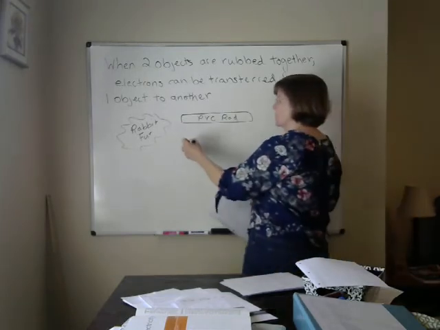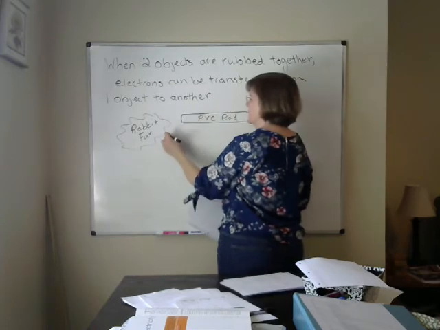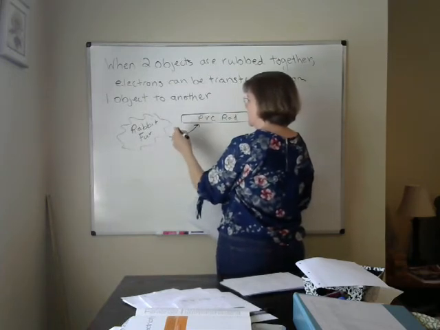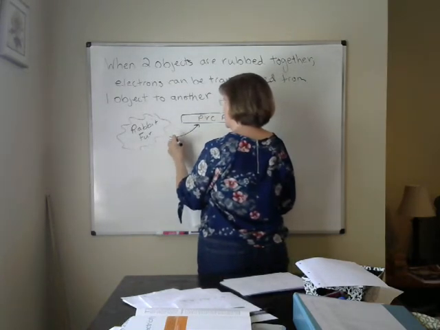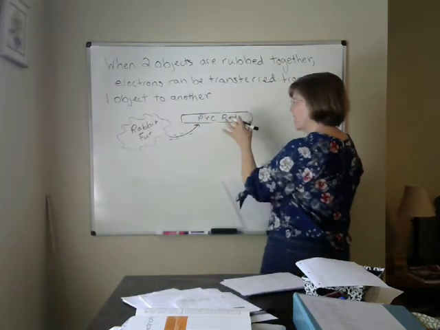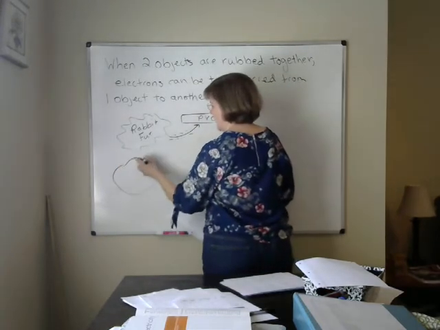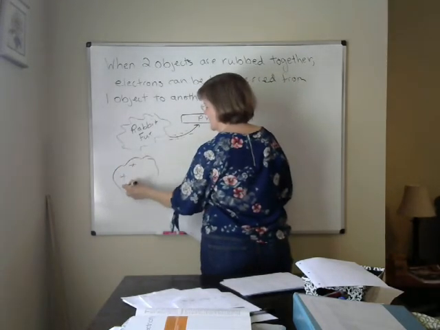But if I take this rabbit fur and start rubbing it on this PVC rod, some electrons will be transferred off the rabbit fur onto this piece of PVC, and the result is my rabbit fur is now positively charged.